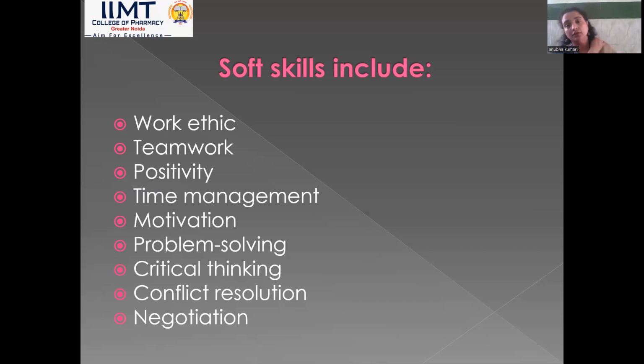So positivity always gives answers to problems. There are always many conflicts or problems arising in the workplace, or at times in social gatherings. So how a person acts in a positive manner is considered for the soft skill part.